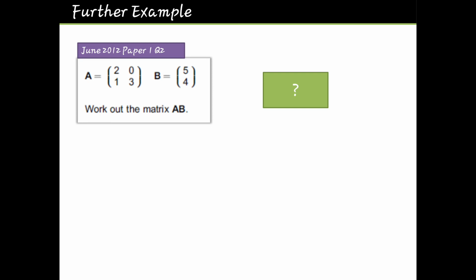So you should begin by A times B. Matrices are not commutative, meaning that you cannot interchange them. If they say begin with A, you should begin with A, don't begin with B. Am I clear on that? Thank you. So that's the answer you should get in case you work it out.